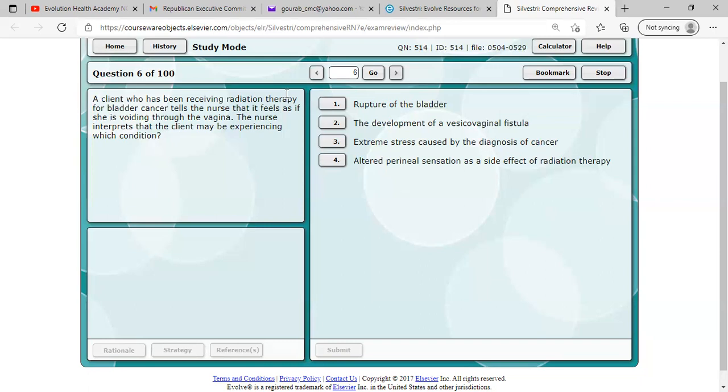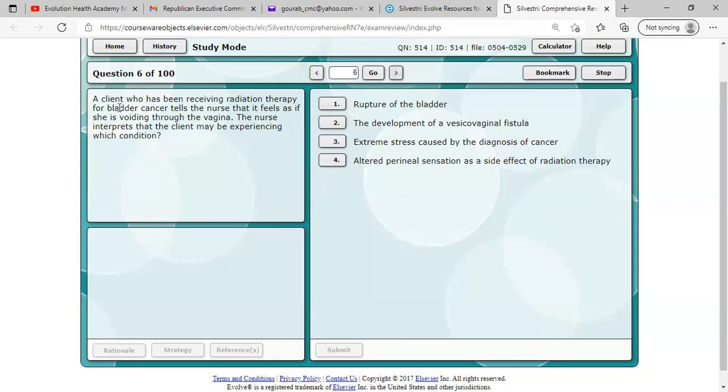For radiation therapy for bladder cancer, the client tells the nurse that it feels as if she is wading through the vagina. The nurse interprets that the client may be experiencing which complication or condition?